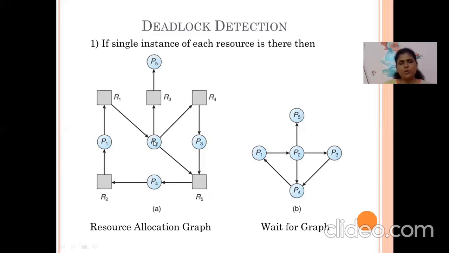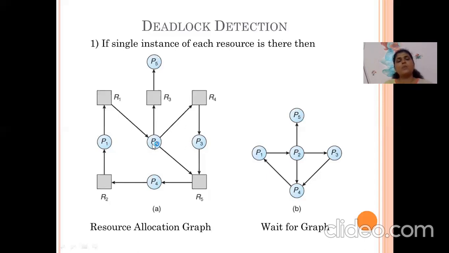Now, process P2 is requesting resource R3, but it is held by process P5. This dependency is shown by this arrow from process P2 to P5. Then process P2 is requesting resource R4, and R4 is utilized by process P3. That means P2 is also dependent on P3. So process P2 is dependent on P5 as well as P3.